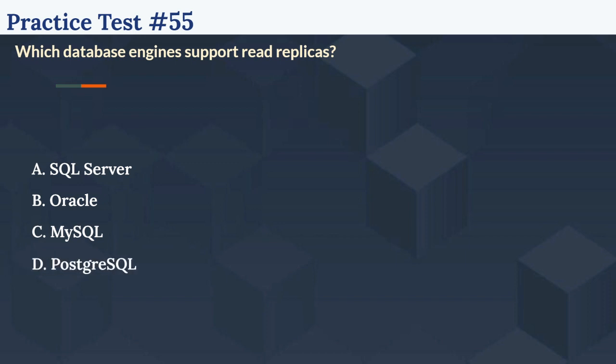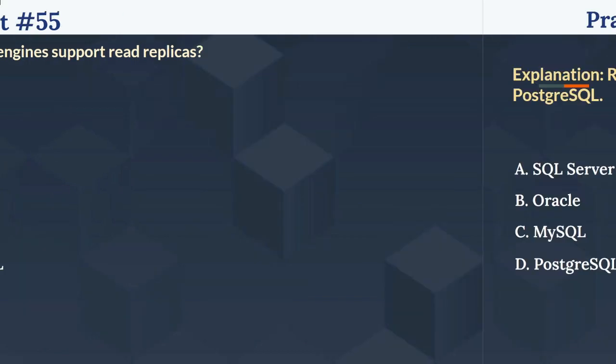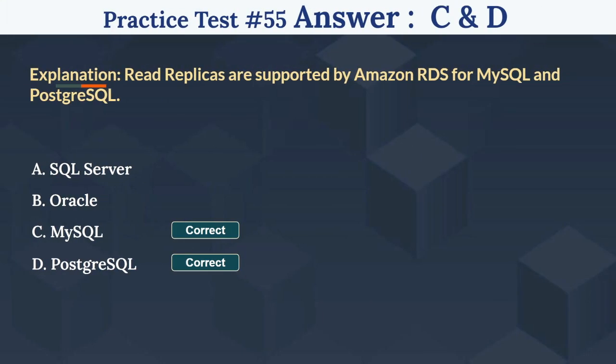Please select your answer in the next 5 seconds. 5, 4, 3, 2, 1. So the right answer is C and D, MySQL and PostgreSQL. Read replicas are supported by Amazon RDS for MySQL and PostgreSQL. Let's move to the next question.